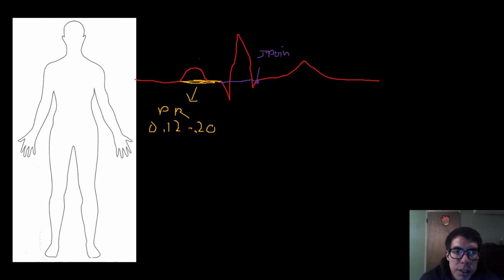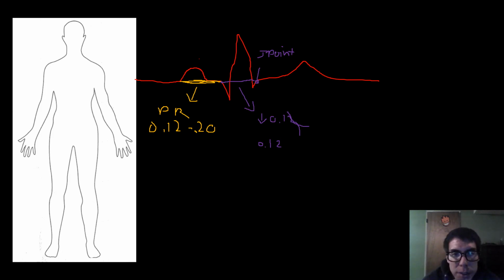That is our QRS width, and that should be less than 0.12 seconds or 3 small boxes. 1, 2. I'll just do that down there. 0.12. Should be less than that. So less than 3 boxes. That's a normal width for QRS.